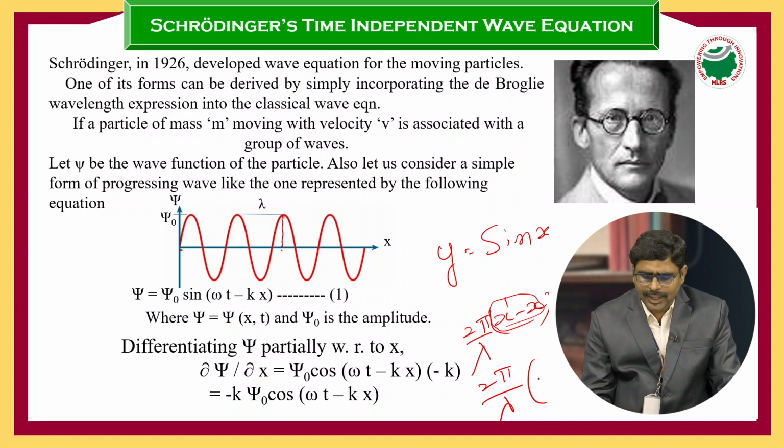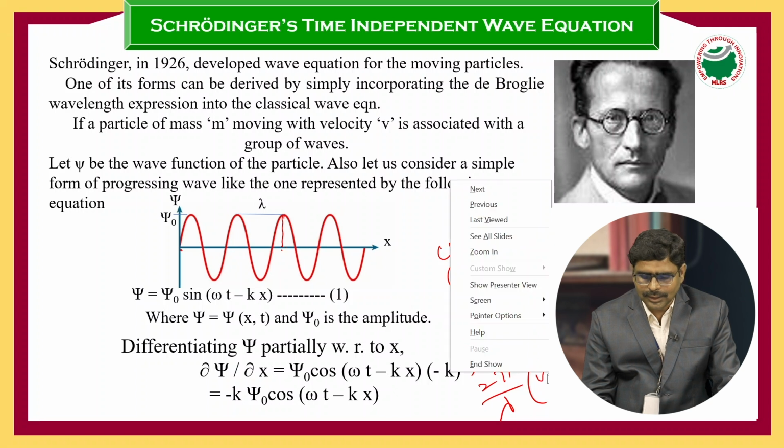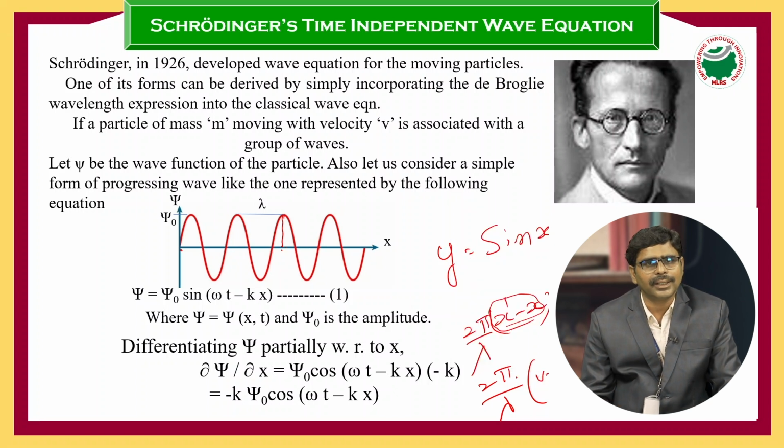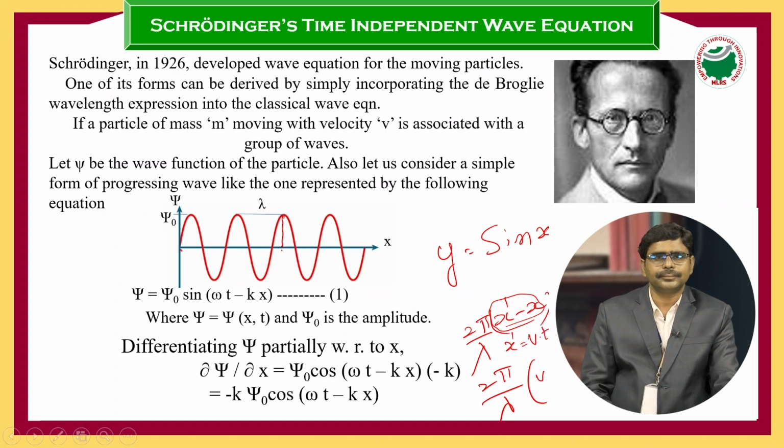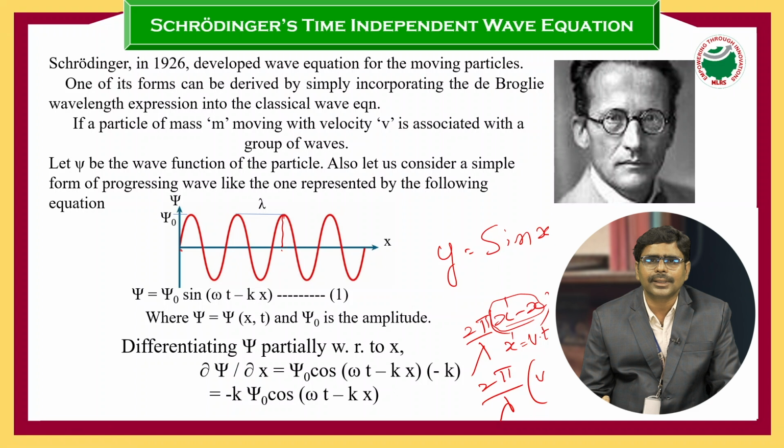The velocity of the particle is v. Velocity equals displacement by time, so x dash is equal to v into t. We substitute that part.